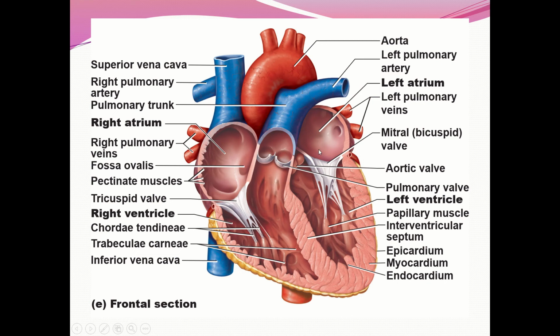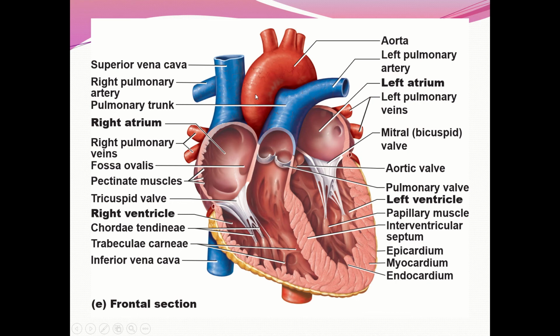So the blood will enter the left atrium, that left entryway, and then it will pass through the mitral or bicuspid valve into the left ventricle. And here we see the papillary muscle and the chordae tendineae attaching to the bicuspid valve. The left ventricle is a thick muscular wall which will then pump the blood through the aortic semilunar valve into the aorta.